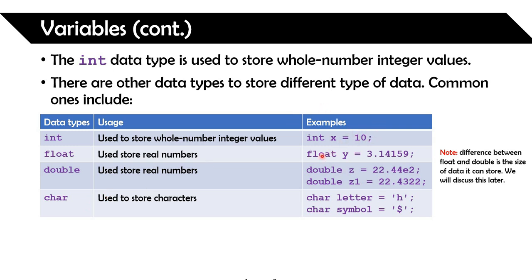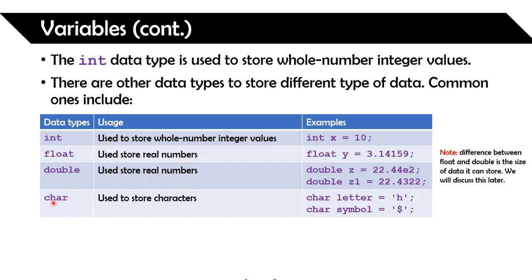You have float, then you have double. Both float and double actually have decimal points. The only difference is the size of data that you can actually store. So you will see that later. But both float and double, you can use to store real numbers, which means with decimal points.